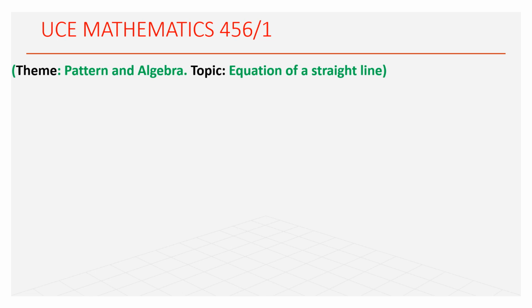Now, for us to come up with a straight line, we must have at least 2 points or 2 coordinates.